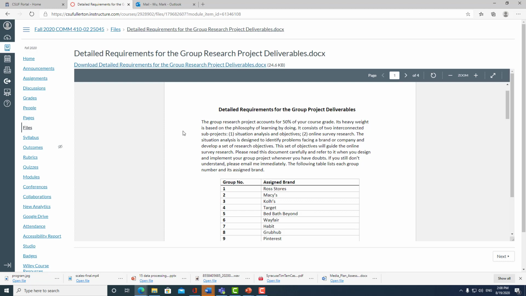Basically, the situation analysis is designed to identify problems facing a company or brand and develop a set of research objectives. Situation analysis tries to see what's going on with the company, what's wrong with it, and then identify root problems by separating the real problem from the symptoms, and then try to find some possible solutions.